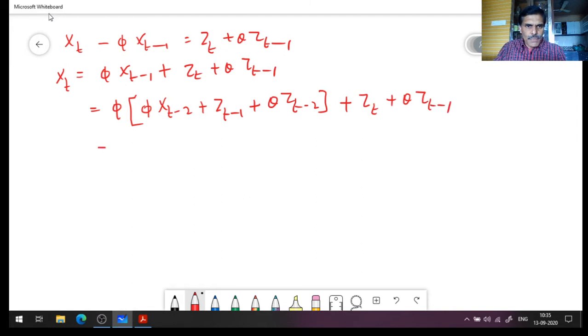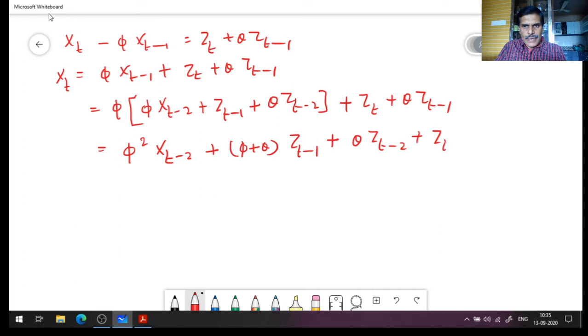If you simplify, you will write phi squared xt minus 2 plus zt minus 1 (phi plus theta) plus theta zt minus 2 plus zt, right?